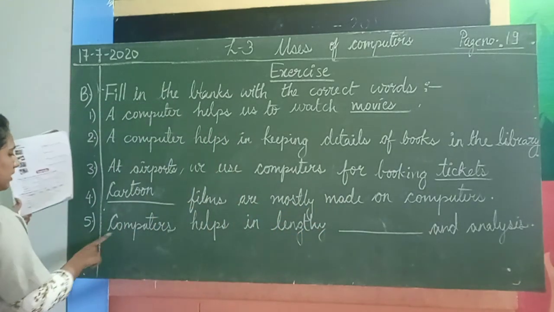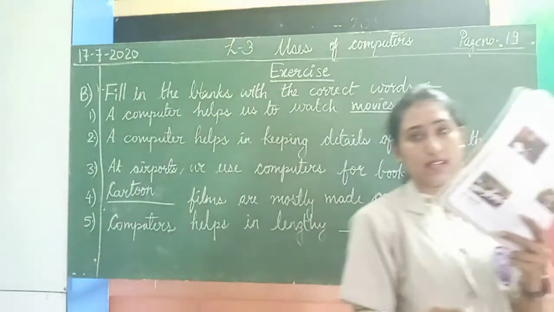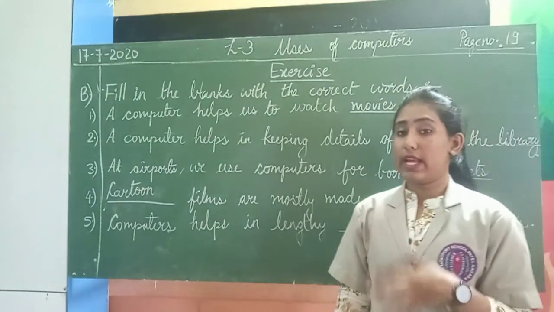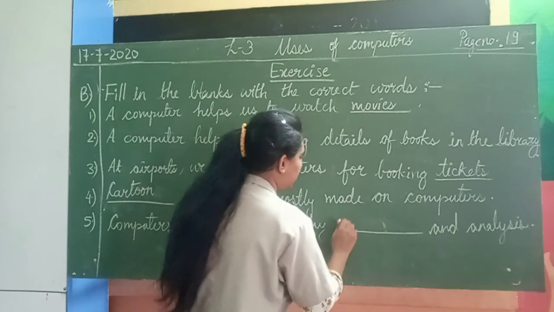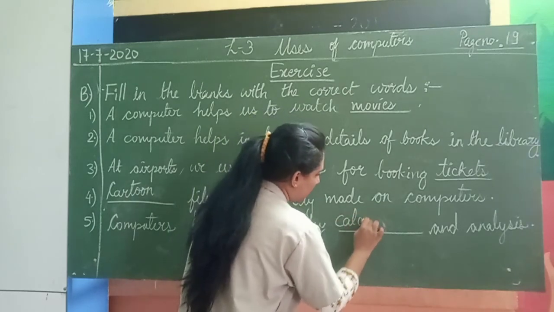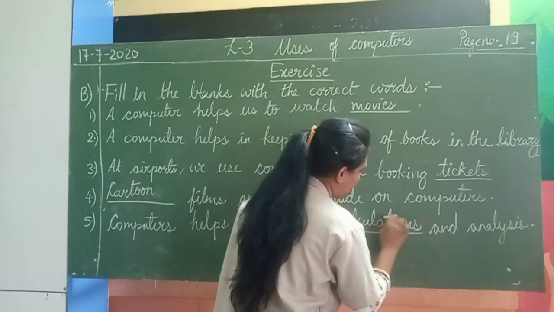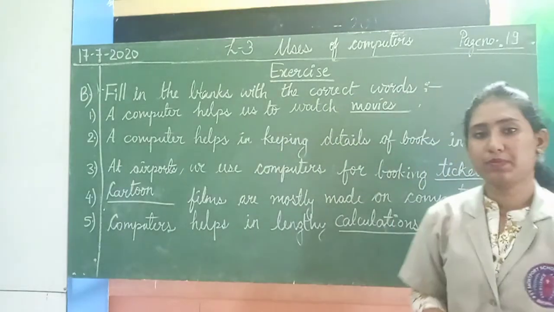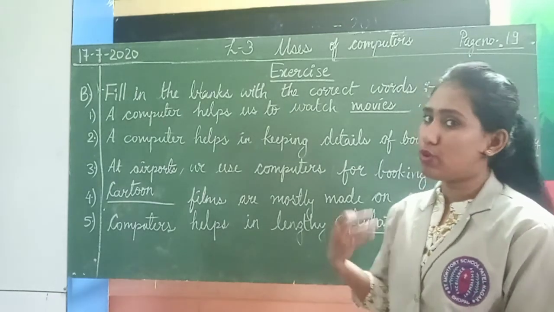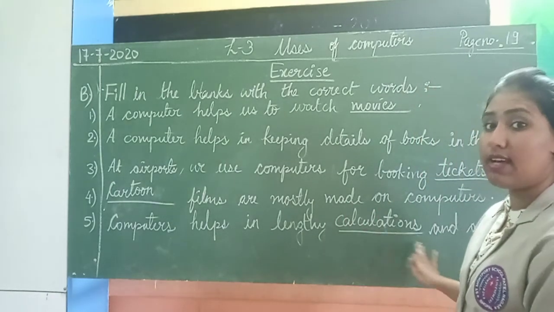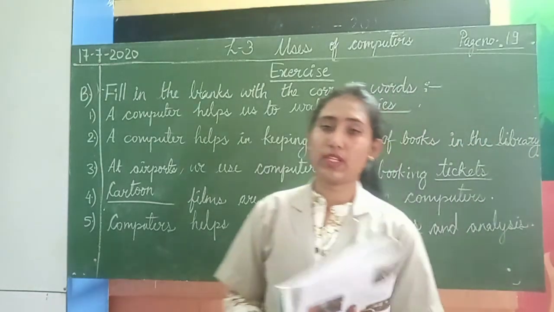Now the last one, computers help in lengthy dash and analysis. Okay, so lengthy calculations, right? So the last option is calculations, right? We can use the calculator in our computer for lengthy calculations and analysis.